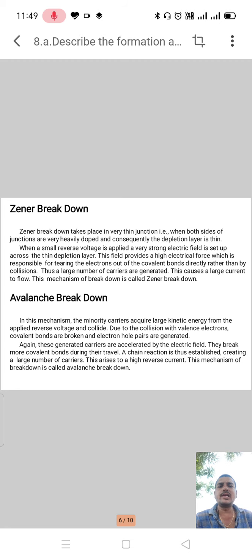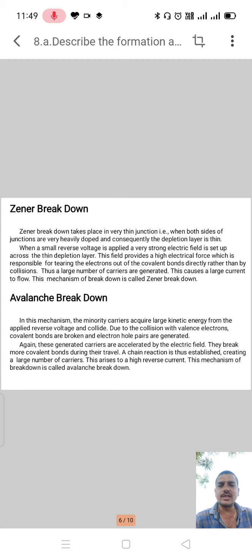And coming to the avalanche breakdown, in this mechanism, the minority carriers acquire large kinetic energy from the applied reverse voltage and collide.